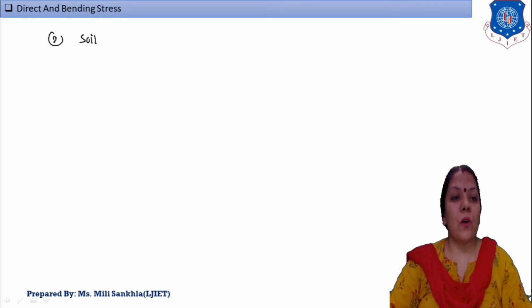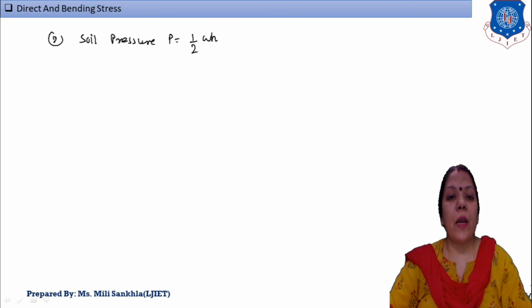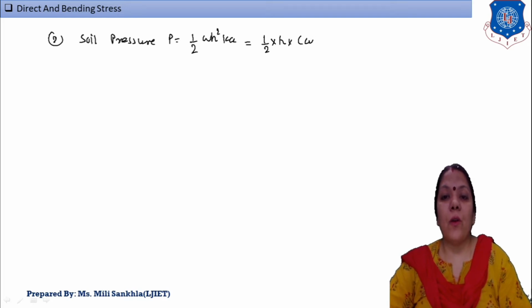Now the equation is P is equal to 1/2 w H square into Ka, but in this data w h Ka is given, so P is 1/2 into H because w h Ka is given in data.